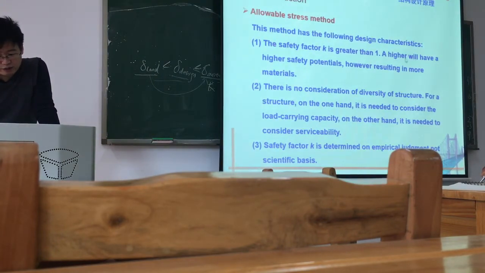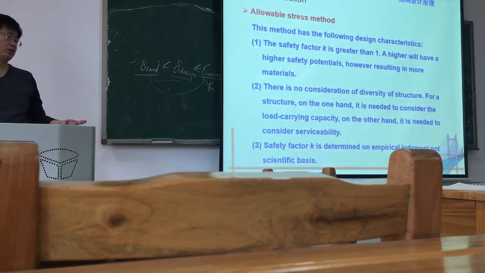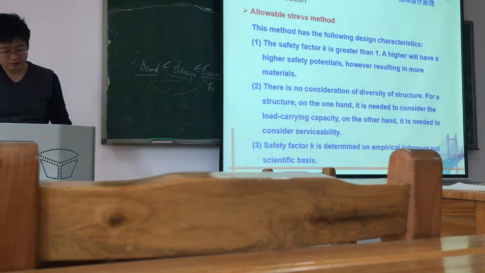The higher value will have a higher safety potential, however, resulting in more material. So it makes the design too conservative. Maybe some of the material is not necessary, and it just wastes material actually.